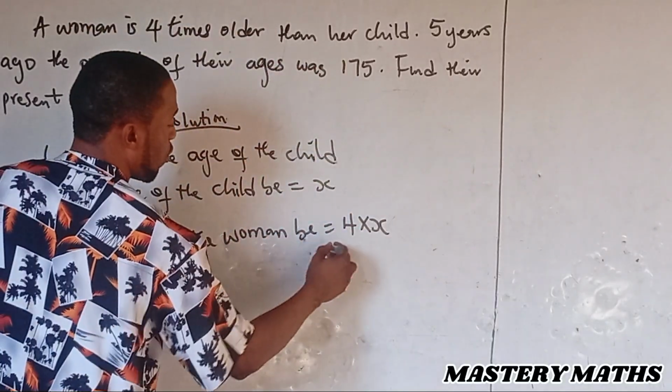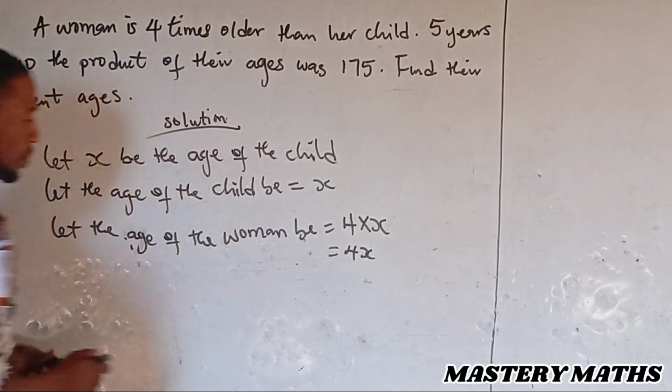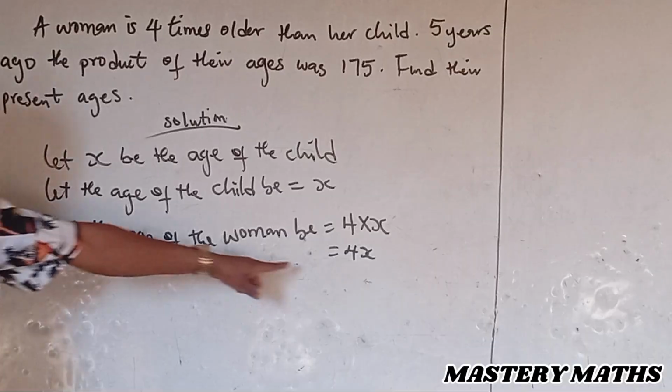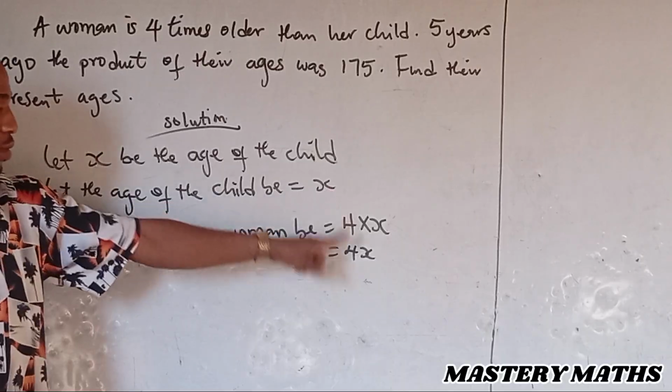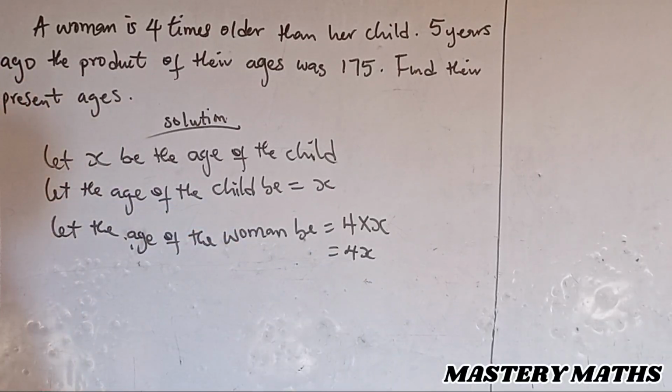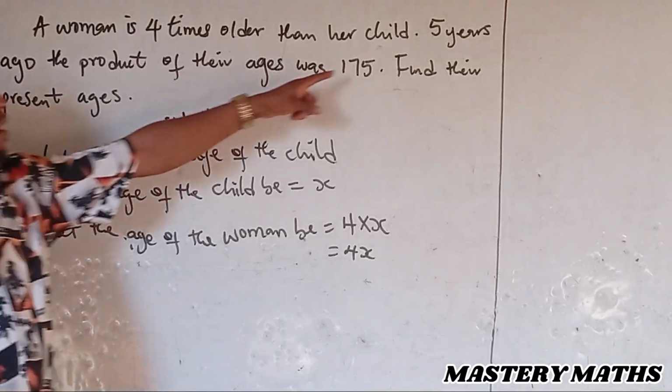So it will give us 4X. So the age of the woman is 4X, 4 times the age of the child. So we see it now.